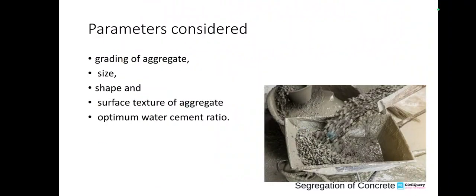What are the main parameters we have to consider in terms of segregation? The grading of aggregate: we should always use uniformly graded aggregate. The size of aggregate, shape, and surface texture for binding with the cement paste, and also the water content, play a major role in segregation.